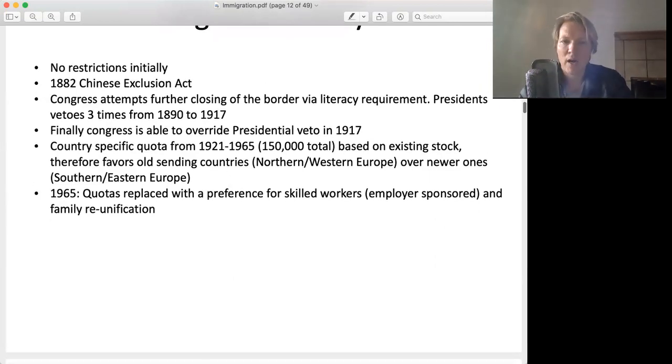In 1965, this immigration law gets reformed, and instead we have visas for skilled workers, and also for graduate students. And we get family reunification. So essentially, the immigration policy changes to carve out slots for family reunification, so extended family, and also skilled migration.